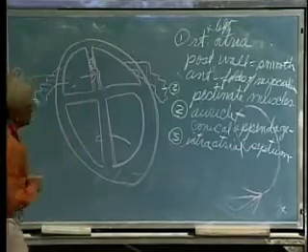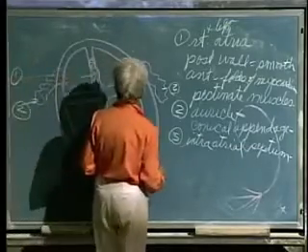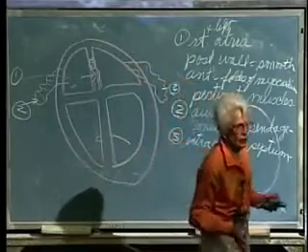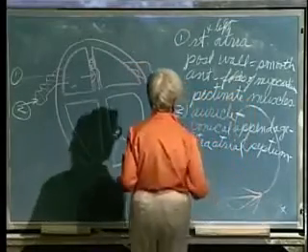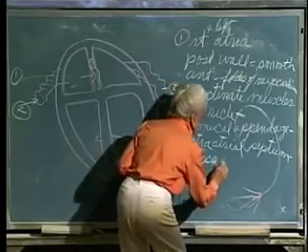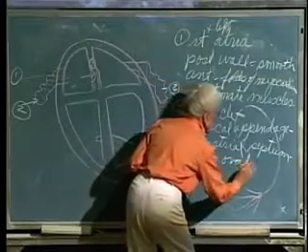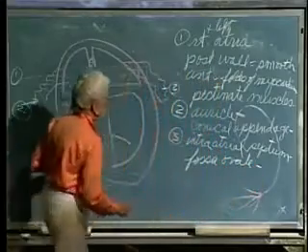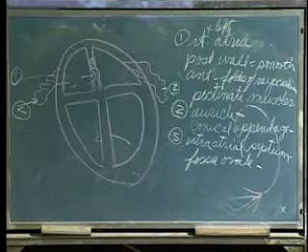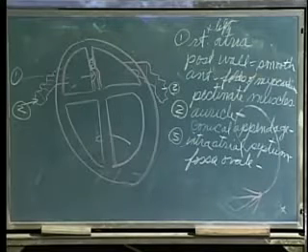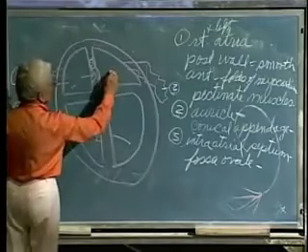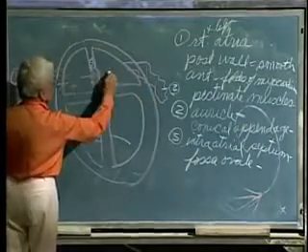And that depression is called what? The fossa ovale. Why do we have that depression? Because when you were a fetus, your right atrium was connected to your left. You didn't need to use lungs. It just went right through.